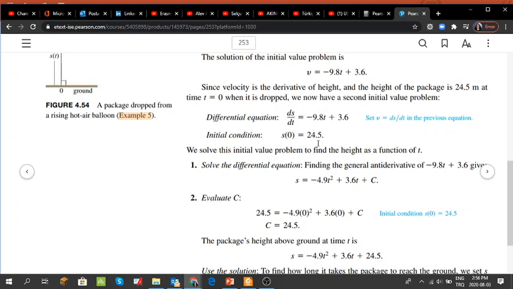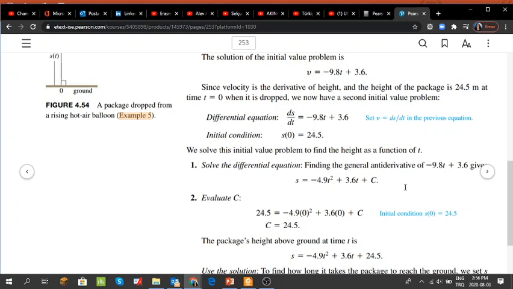For which function, if I take the derivative, is going to be equal to this? Then s could be negative 9.8 t squared over 2, so we get negative 4.9 t squared, plus 3.6 t plus a constant.